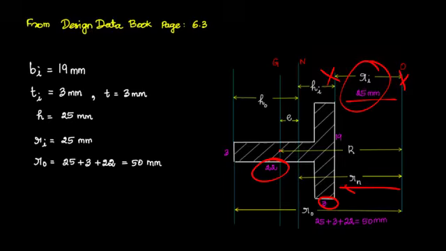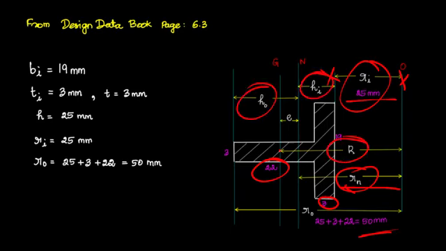So 22 plus 3 plus 25 is equal to 50 mm, totally 50 mm. Similarly, we need to calculate the Rn value, capital R value, hi value, ho value, and e value. Once we calculate capital R and Rn, we can calculate the remaining dimensions.